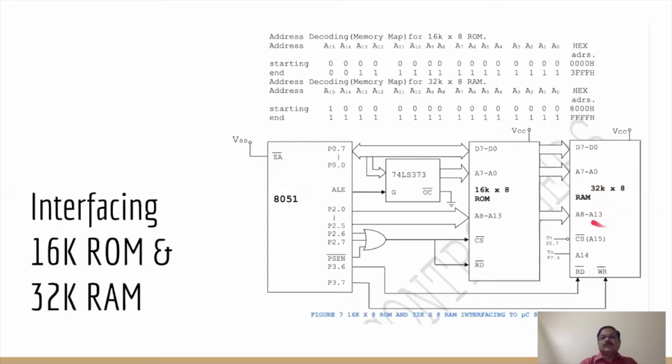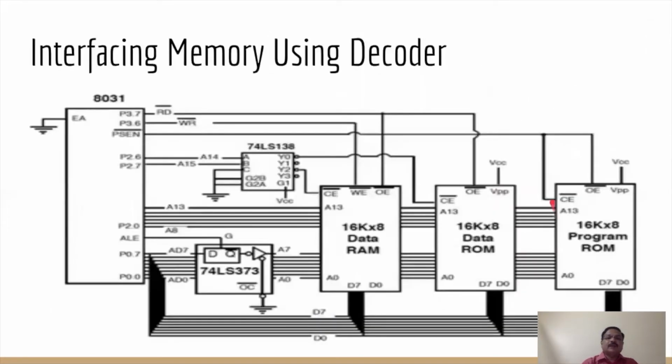So that is how the RAM and ROM both can be interfaced with the 8051 microcontroller. The EA signal is connected to ground, right? So accessing the external program memory and the data memory. Now we'll see the example where the 74LS138 decoder is used.